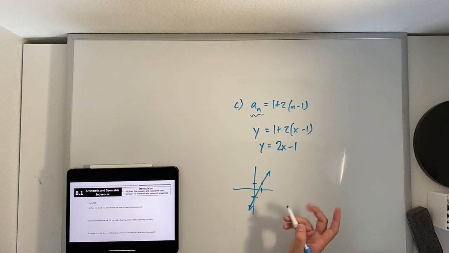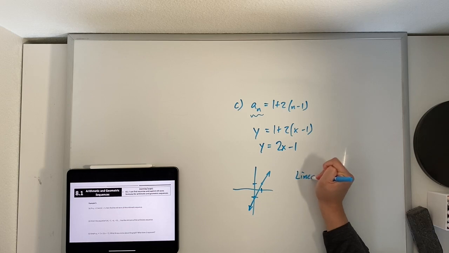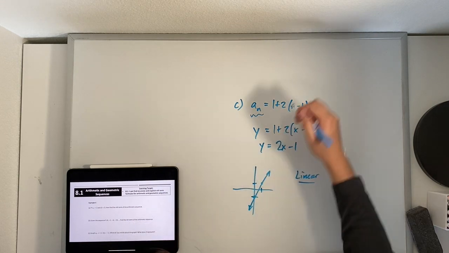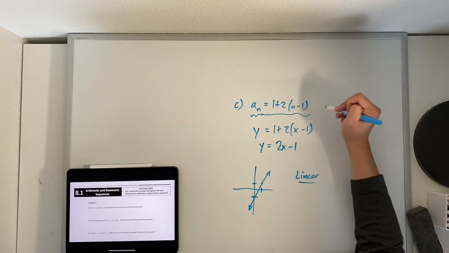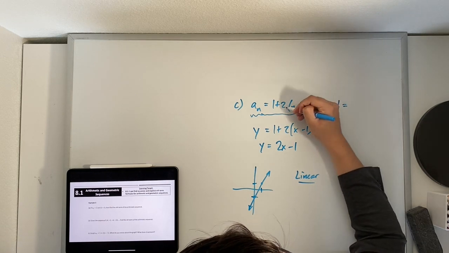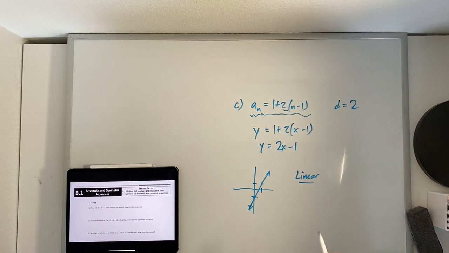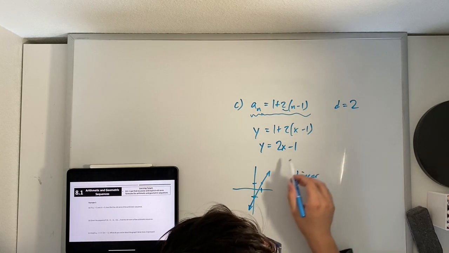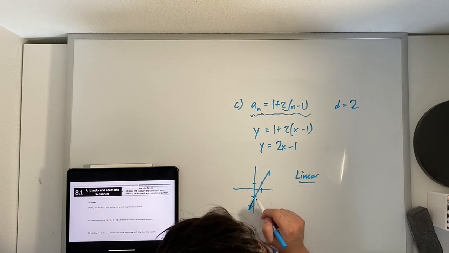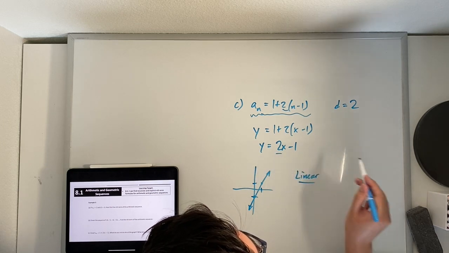So what do you notice about this graph? It's linear, first of all, pretty important. And what does our d value represent? So looking at our original formula, d equals, it's this 2 right here, d equals 2. And what is 2 in this function on this graph? It's our slope.